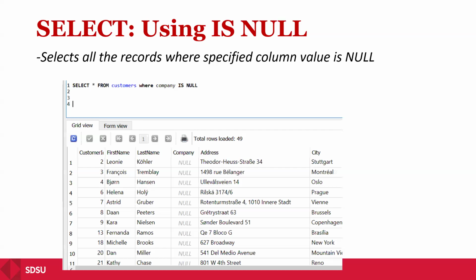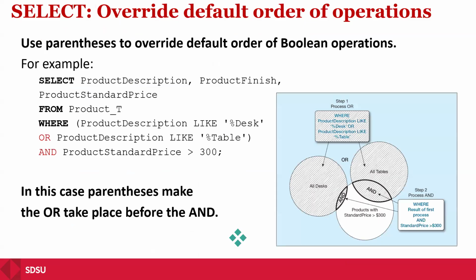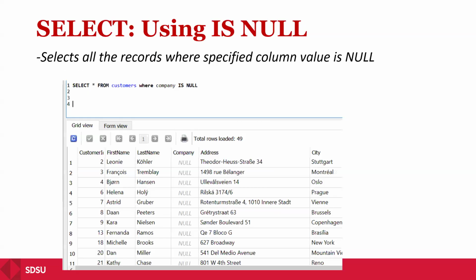All right, so that is the default order of operations, and the way we override it is we put parentheses around it. Now, there is also the IS NULL operator. The IS NULL operator is used when you need to find values that are null. There are two ways of doing it.